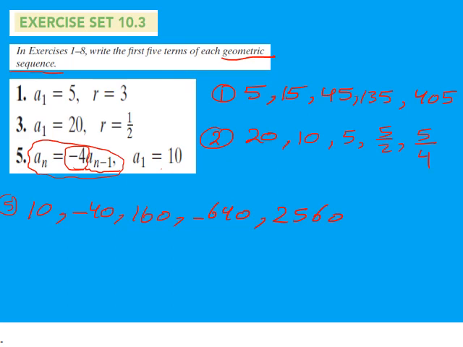Notice that in a geometric sequence, you can have a sequence that alternates, positive then negative, then positive, negative. But you can't find the same in an arithmetic sequence.